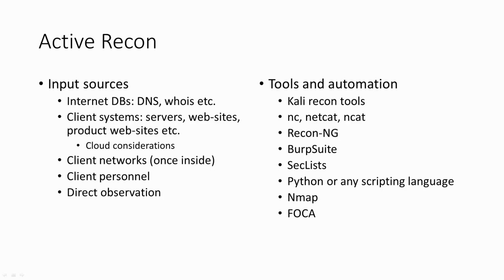Okay. What tools can you use to perform the technical kind of stuff like this? Of course, there is a separate category of reconnaissance tools in Kali Linux, right? So you can play around and see what is there.